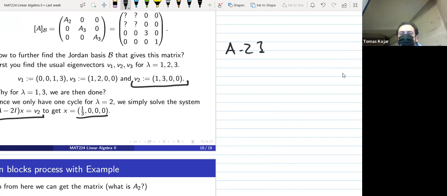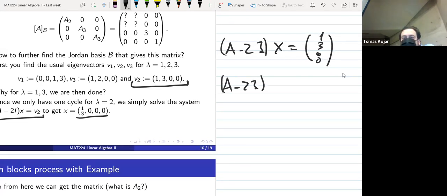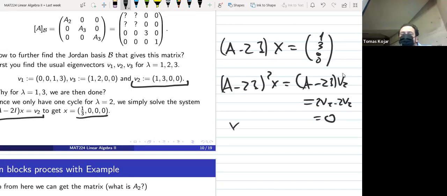A minus 2I times x1, x2, x3, x4 equal to 1, 3, 0, 0. And the reason you do that is because if you take power twice, you get A minus 2I V2, which is 2v2 minus 2v2, right? So x is a generalized eigenvector.